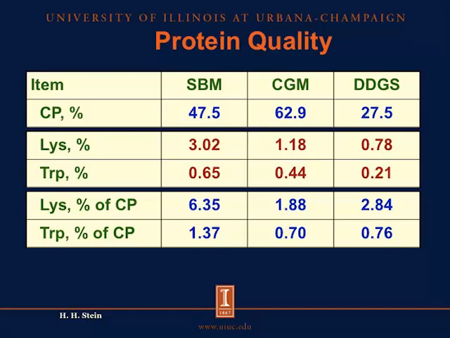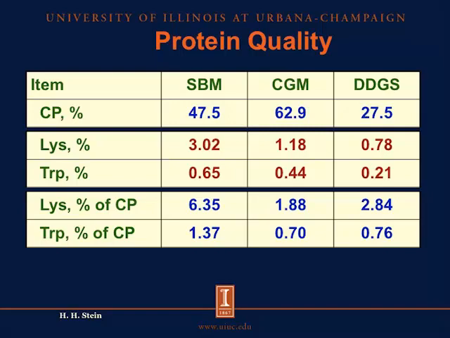And here we can see that soybean meal has a concentration of lysine in crude protein of about 6.35% and tryptophan of 1.37%, and these values are much greater than in the two corn co-products. The reason is that corn protein has a reduced concentration of lysine and tryptophan compared with almost all other protein sources and also compared with the requirement of the pigs.